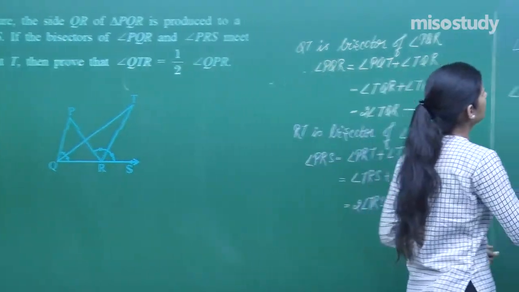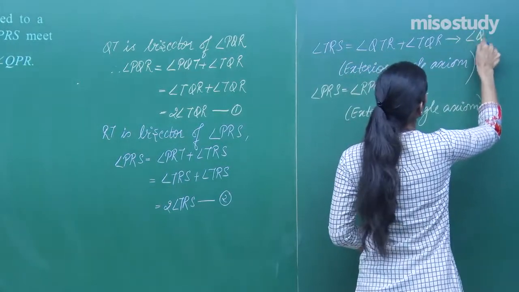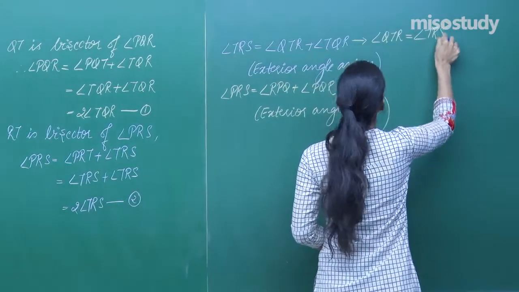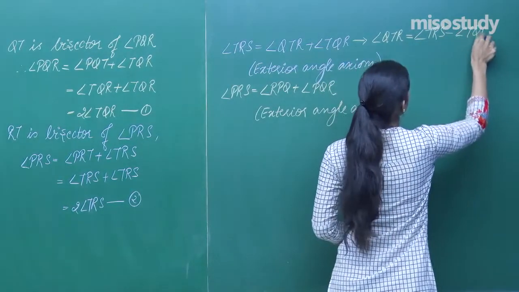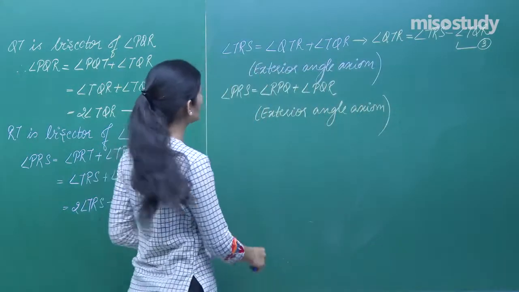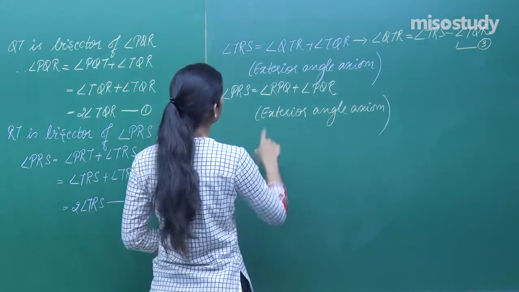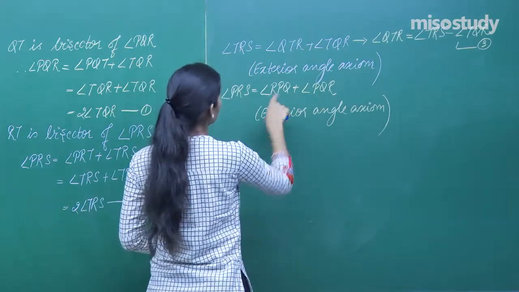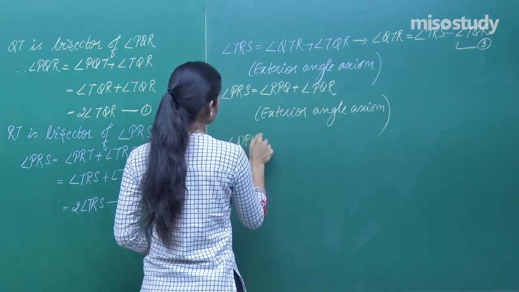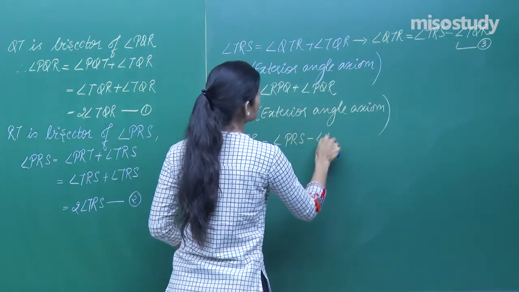Now over here, from here if you find out angle QTR, this is equal to angle TRS minus angle TQR. Here I have angle QPR, or I should say RPQ, which is the same thing. This is equal to angle PRS minus angle PQR.